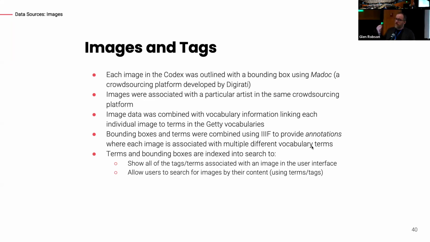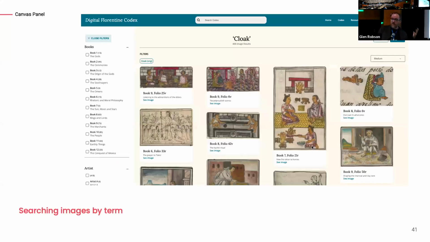But then this information was combined with exports from the Getty's vocabulary and the tools that they use to create those vocabulary entries, to combine the bounding box and IIIF-centered information with this vocabulary information, tags and terms taken from linked data, and then bring those together as annotations on all the canvases that then drive this image-centered view.